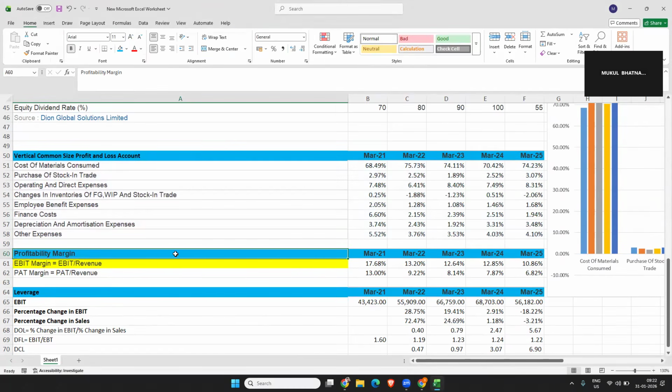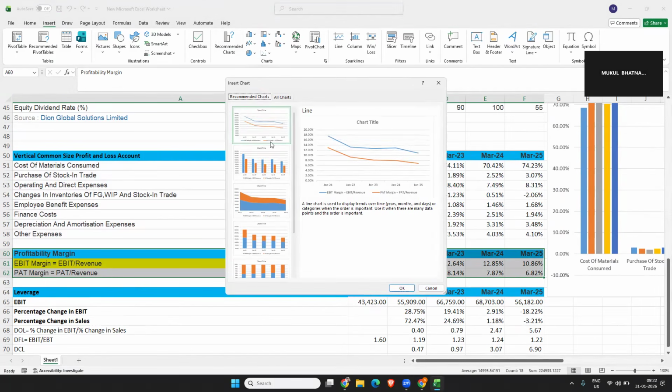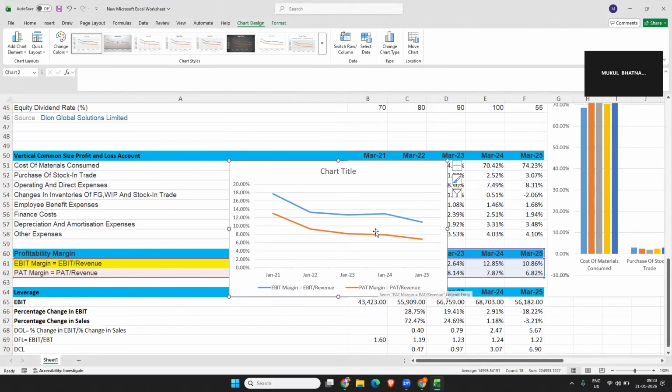Let me plot other things as well on the graph quickly. Yes, these are the profitability margins. If you want, you can write it here as well so that it is easy for you to make comparison, profitability margins.